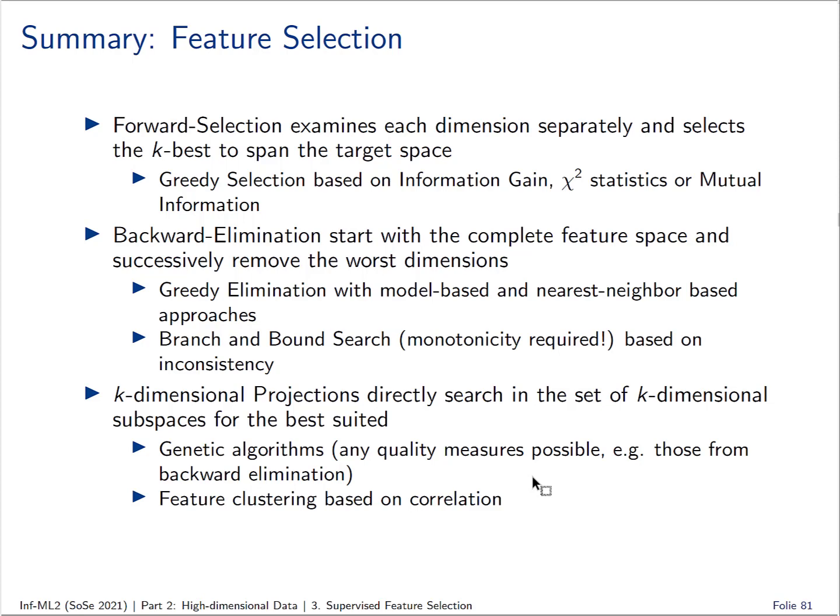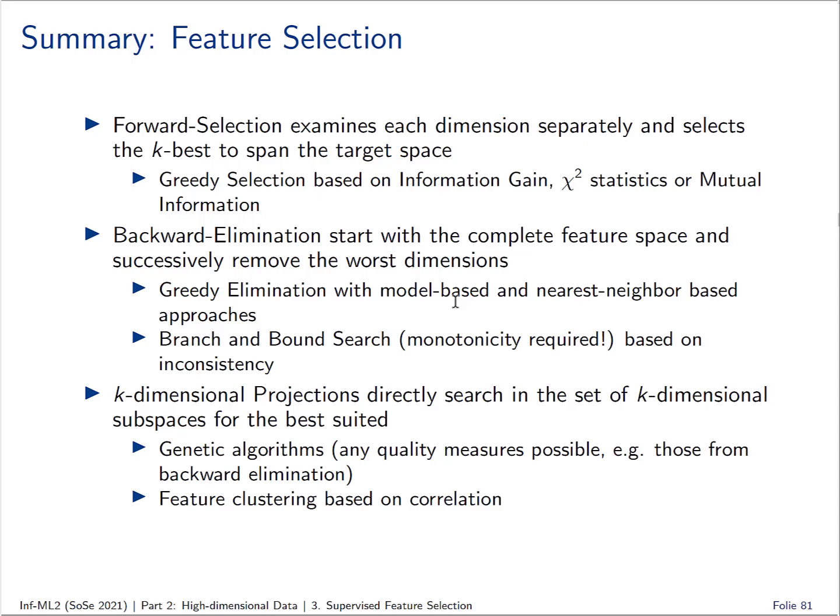Recall that sometimes it is already learning, especially if you do the model-based things, the wrapper methods, but very often it's pre-processing. So that is part of your process from the raw data to the patterns, and you may have to try out different feature selection methods in order to get the best results. The feature selection method itself is a kind of hyperparameter in the whole process from the raw data to the patterns.